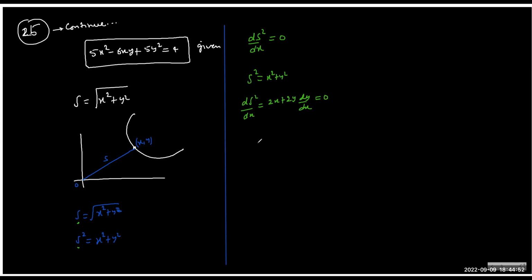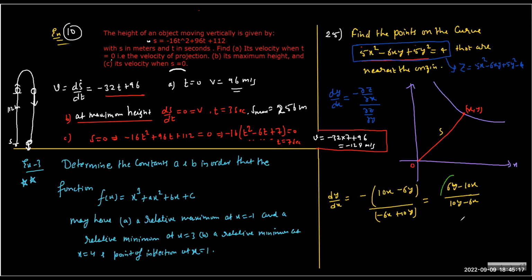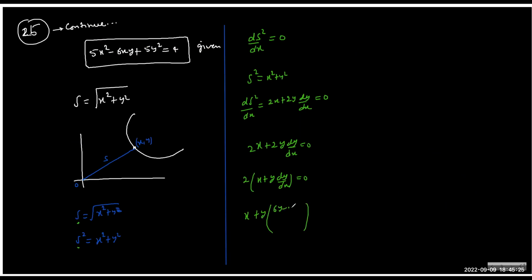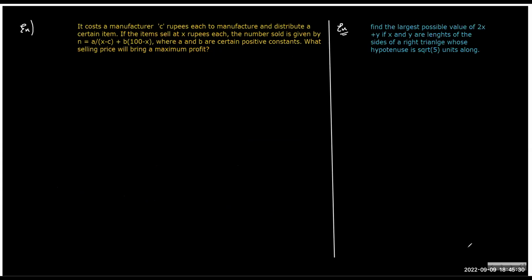And if you do so, what will we get? 2x plus 2y dy by dx equals 0. 2 can cancel out. Dy by dx is something that we have already calculated, here, and we need to put that there: 6y minus 10x upon 10y minus 6x.